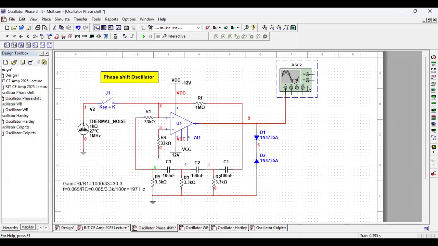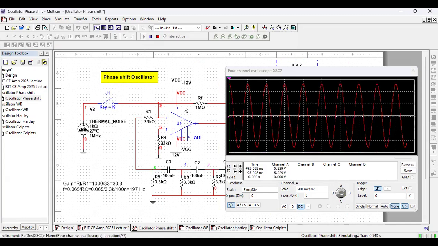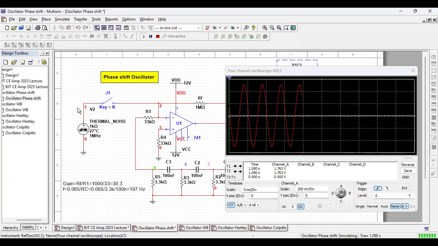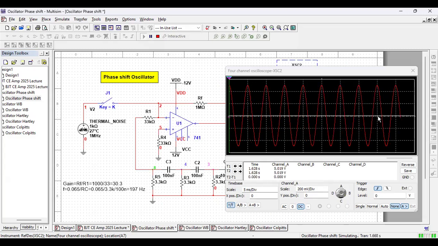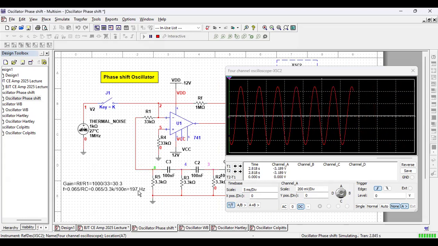So I shall show you once again. I start, there is no output. I close this switch, open this switch, output starts. Once the output starts, you don't need any noise. And this is the frequency which is around 197 or 100 or around 200 hertz. So this is how phase shift oscillator works.